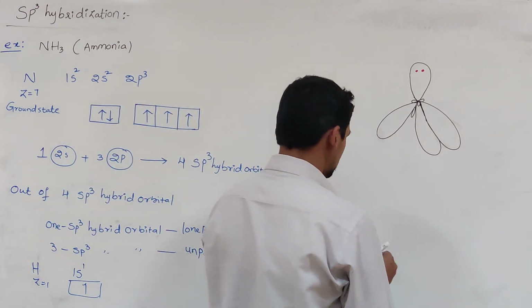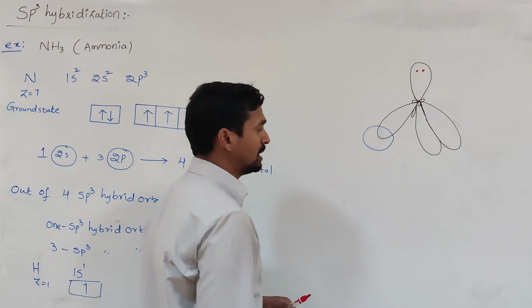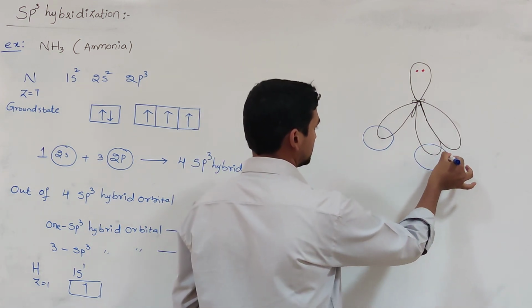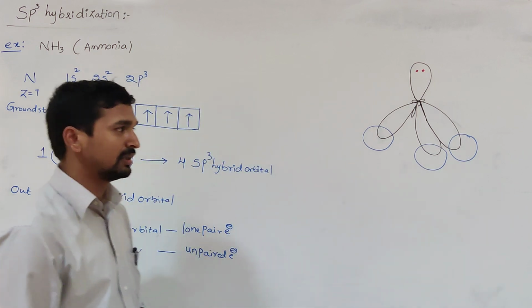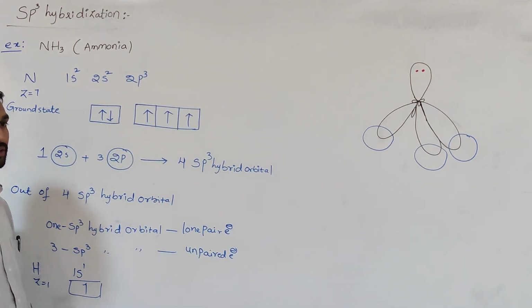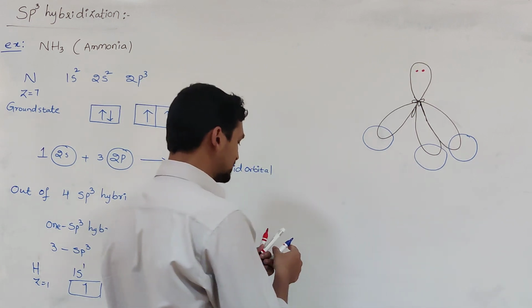So here this sp3 hybrid orbital contains an unpaired electron, this one also, and this one also. These result in the 3 sigma bonds between nitrogen and hydrogen.